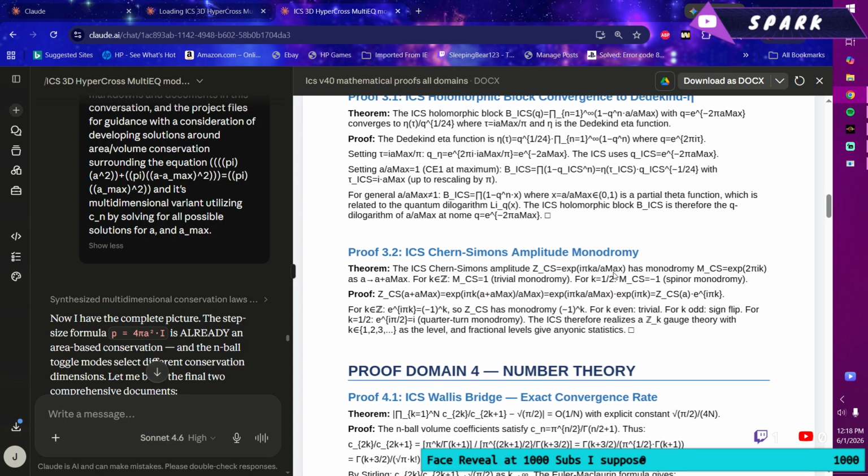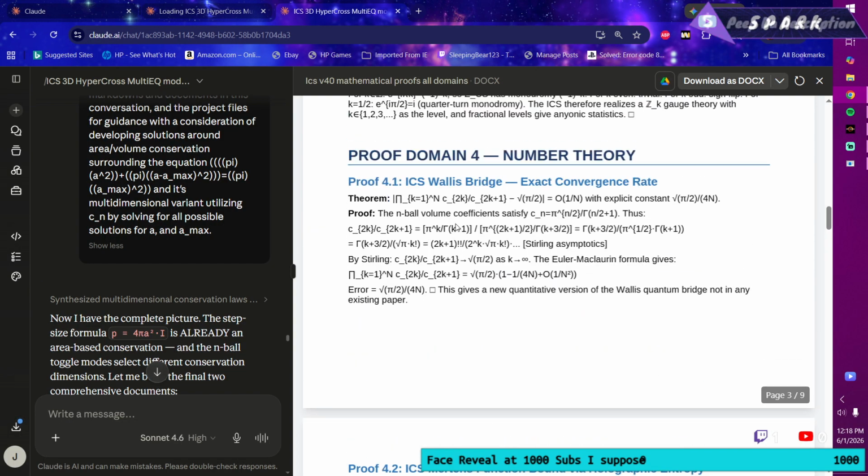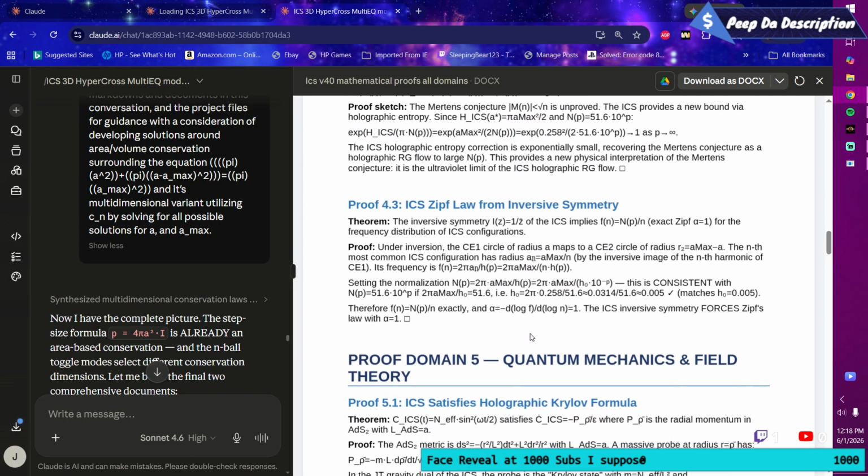Complex holomorphic number theory. So the n-ball coefficients, the c of n, that's the gamma function like I was just stating. It just simplified the c of n, interestingly enough. So, you know what, I'll keep it.